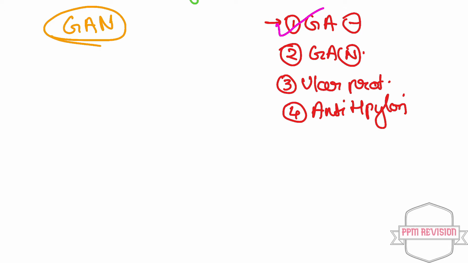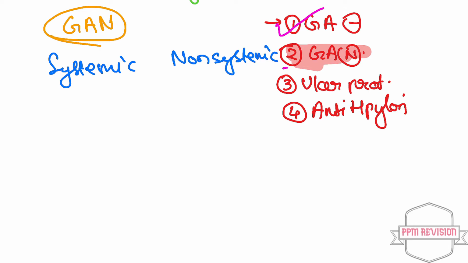Now we are going to gastric acid neutralizers. Here under gastric acid neutralizers there is systemic, as well as the non-systemic. Okay, in this systemic it includes sodium bicarbonate as well as sodium citrate.